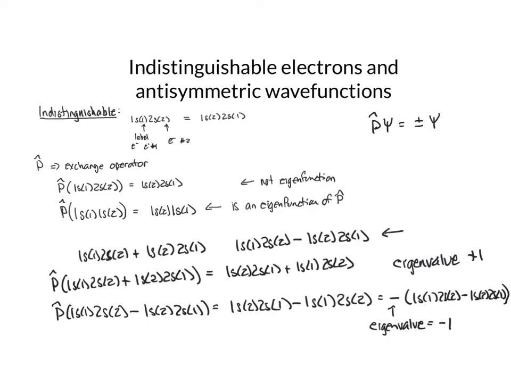When the eigenvalue is +1, we say that the wave function is symmetric to exchange. And when the eigenvalue is -1, we say that the wave function is antisymmetric.